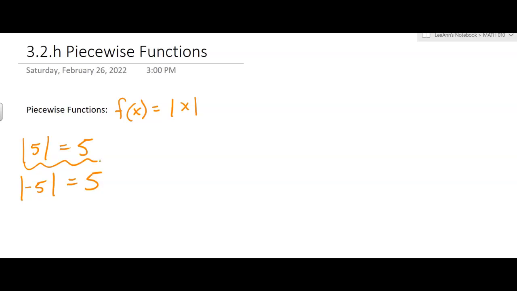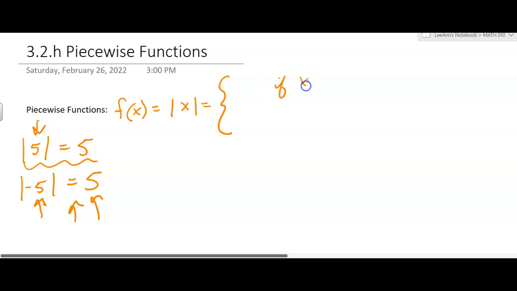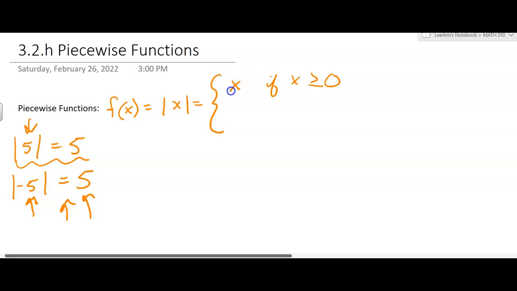If you put in a positive number, you just get that same number back out. But we can't say that all the time because that doesn't happen down here. Here, if I put a number in, I actually get the opposite out, right? Okay, so we have two different definitions, and it's very specific how we define it. If x is greater than or equal to 0, then when you put an x value in absolute value, you just get it right back out.